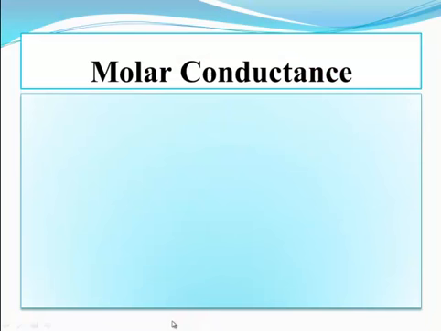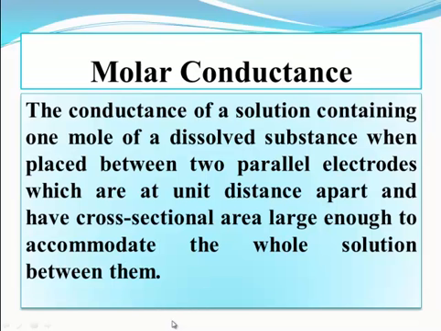Now the next basic term, which is molar conductance. So molar conductance is the conductance of a solution which contains 1 mole of an electrolyte when it is placed between two parallel electrodes unit distance apart, so maybe say 1 centimeter apart, and having cross-sectional area large enough to accommodate the entire volume of the solution.